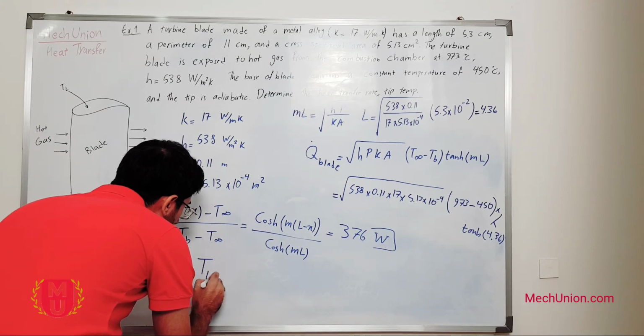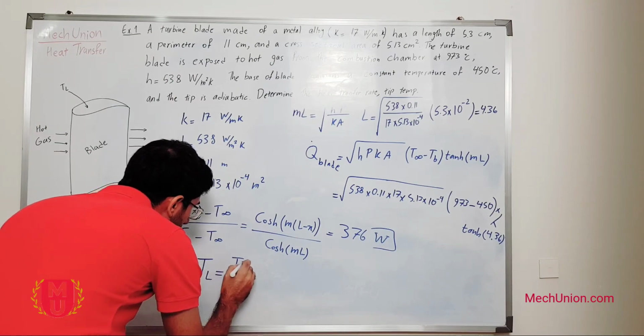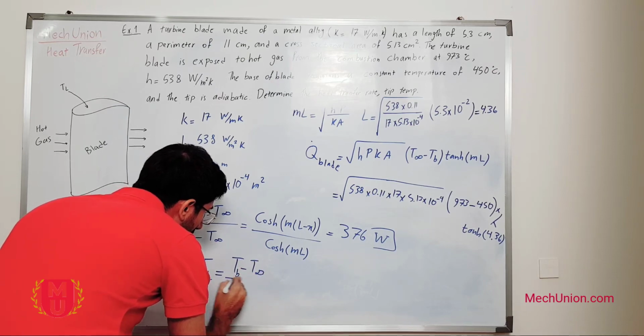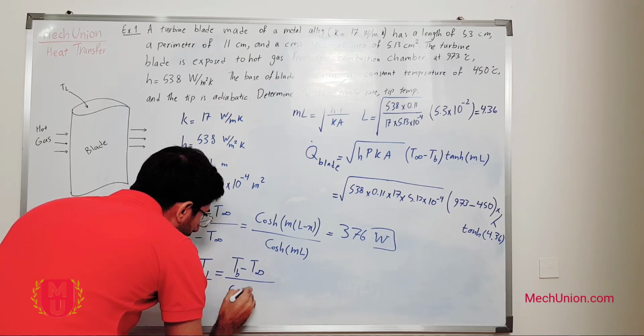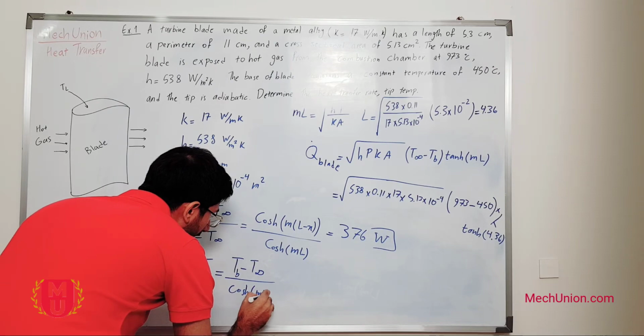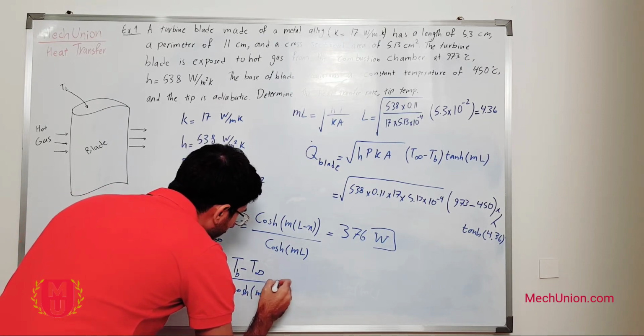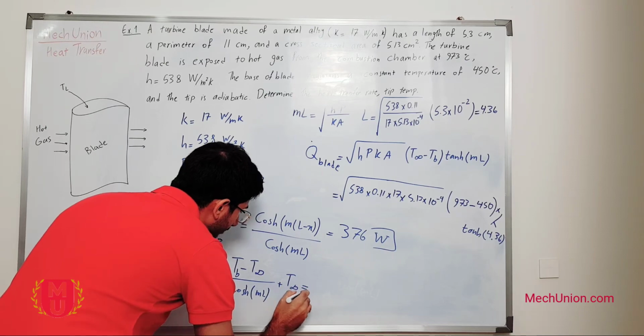And T of L equals (Tb minus T of infinity) over hyperbolic cosine of mL, plus T of infinity.